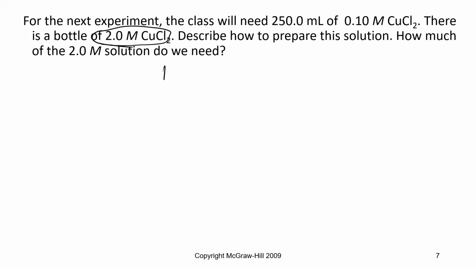And so we'll use that M initial, V initial equals M final, V final. And what we're going to look for is V initial, because we need a volume of that initial concentration in order to come up with the other given.